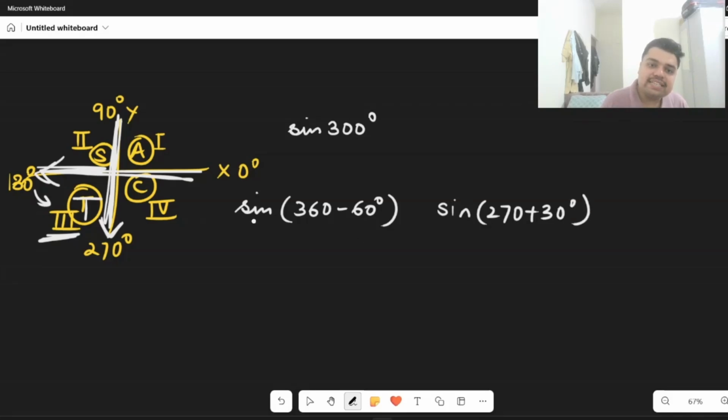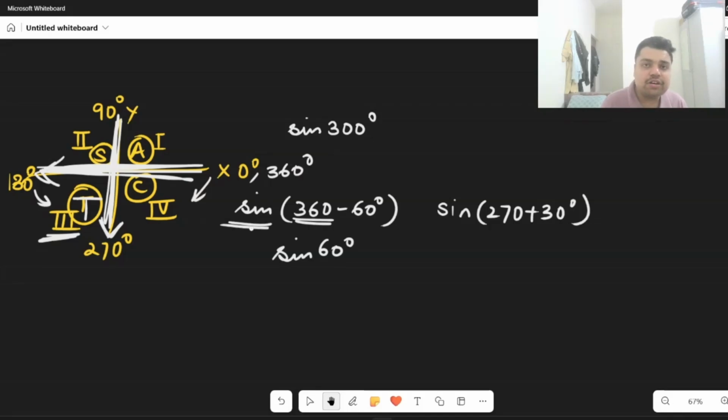Yes. So let's see. We are comparing with the horizontal line, meaning the x-axis. So sine will be sine in this case, 60 degree. What is 360 minus theta? This is 0 comma 360 degree, right? 360 minus theta will be in the fourth quadrant. Is sine positive in that quadrant? No, it is negative. So I will get minus root 3 by 2.